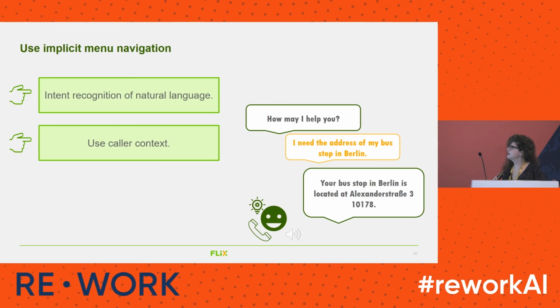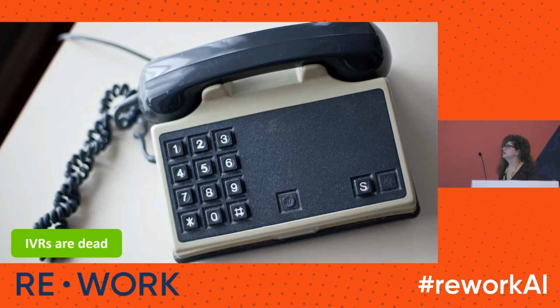I need the address of my bus stop in Berlin, and then maybe through an iteration of predictions, I can predict fairly well that, yeah, you're going back to Cologne in 2 hours, and the bus stop is in Alexanderstrasse 3. Okay, so this was the end.